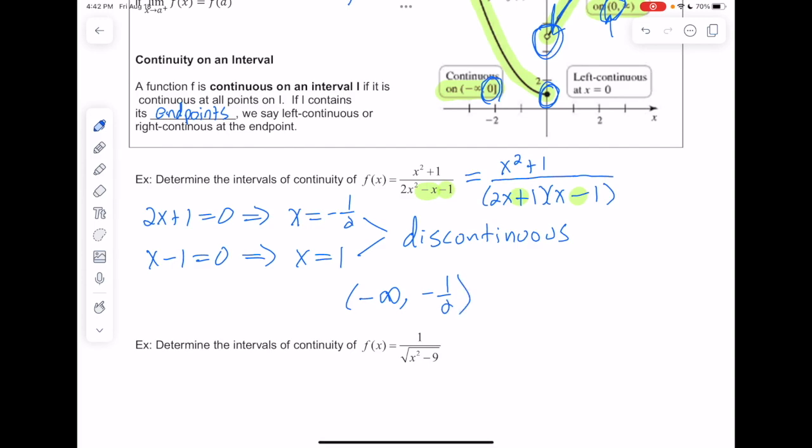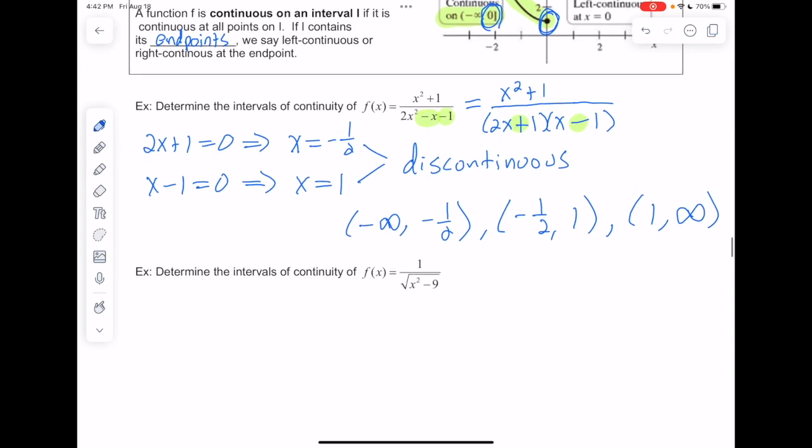That's not included because the function's not defined there. And then we pick up continuity again from negative 1/2 to 1, where we reach our second discontinuity, which is not defined in the function, so can't be included as part of where it's continuous. And then we end up continuous everywhere else from 1 to infinity. So there's the three intervals where the function has continuity with those 2 points of discontinuity being removed.